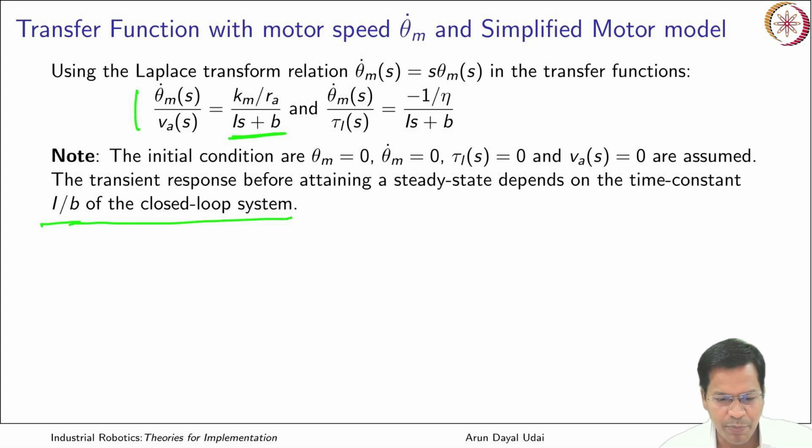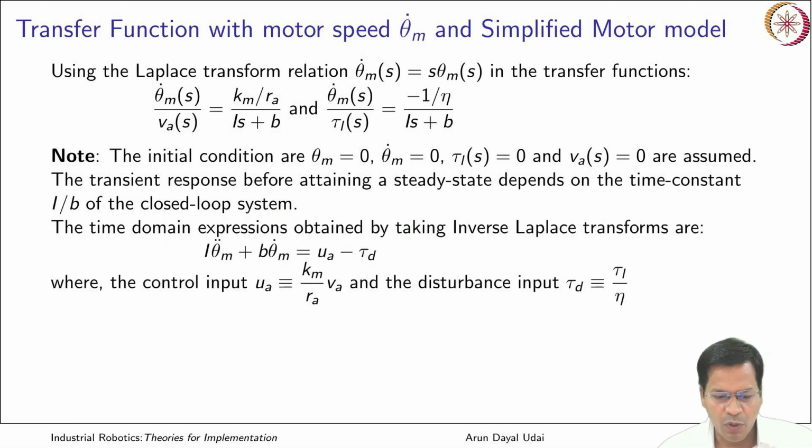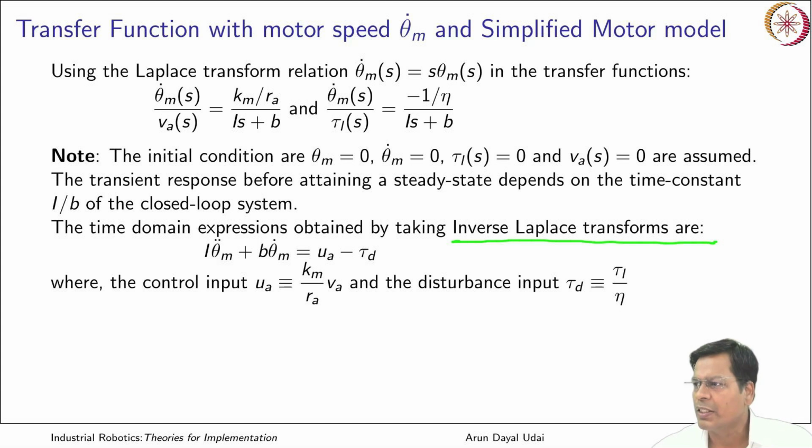So I by B, if you take B common, gives you the root, and that only governs your system, that is the input and output relation. The time domain expression for this may be obtained by taking the inverse Laplace. You can obtain the time domain solution. So this is your differential equation for that.